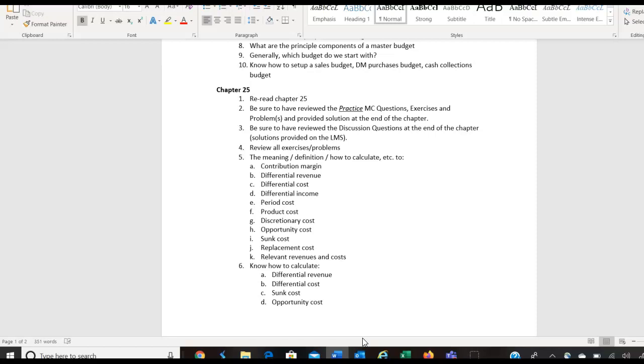The period and the product costs. Again, this is from previous chapters. We don't really need to talk about it, but if you need to look at the definitions and what's included, page 761 from chapter 15. Okay, discretionary cost. There's probably not going to be a definition in your text, but let me just tell you this.